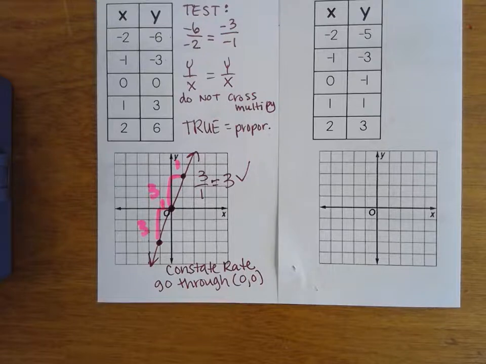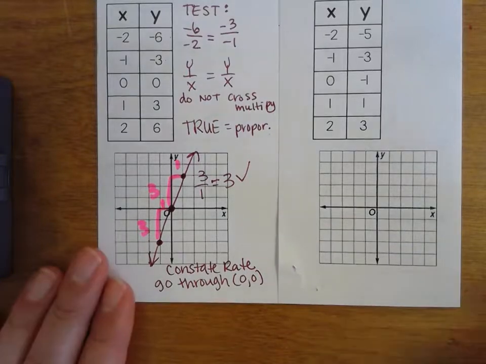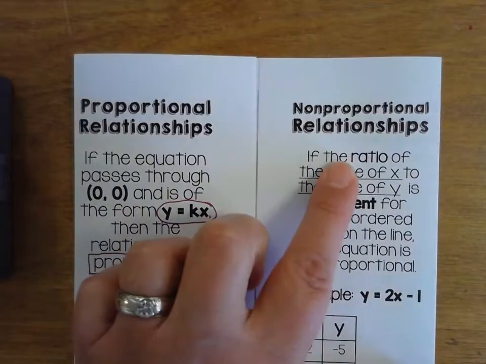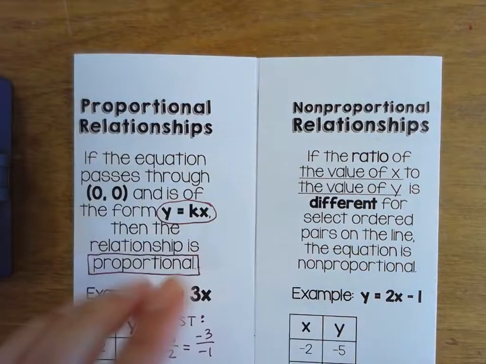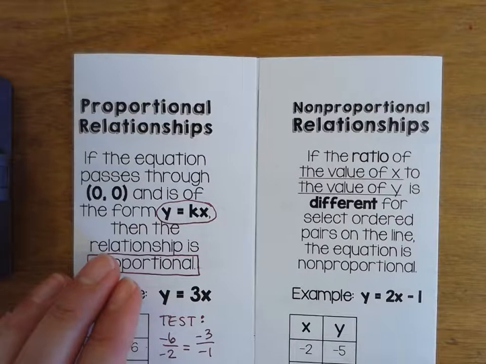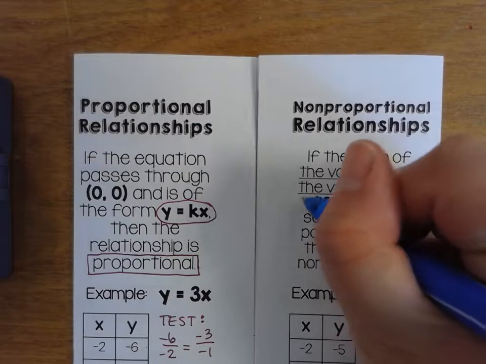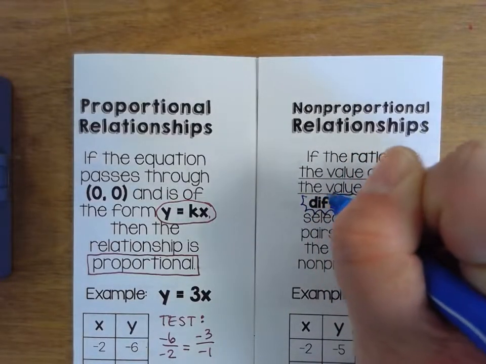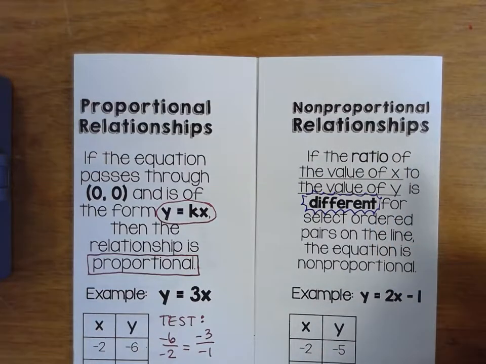And the thing about non-proportional relationships is they look similar to a proportional relationship, but there's one difference, and we'll check that out in a minute. So non-proportional relationships here on the right. If the ratio of the value of x to the value of y is different, okay, so I put, you don't have to make it perfect like that.